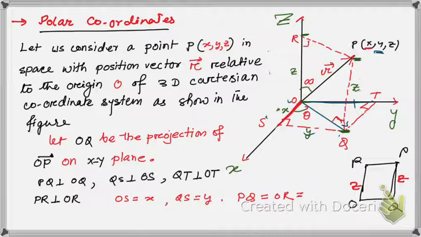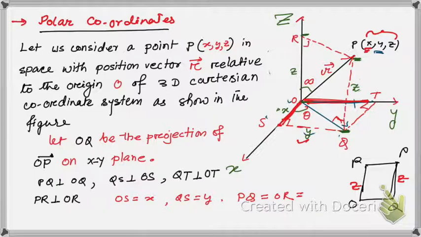So OS is X, and QS is Y, and this one here you can see, QS is Y, that's going to be equal to OT, right?